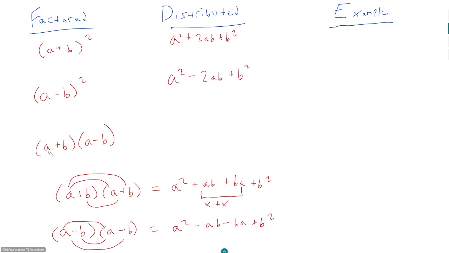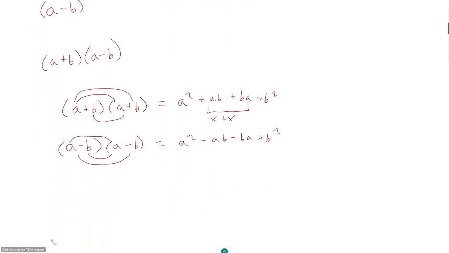What about our difference of squares, a plus b times a minus b? So this would be a squared minus ab, and here we would have plus ba. And then b times negative b is going to be minus b squared.